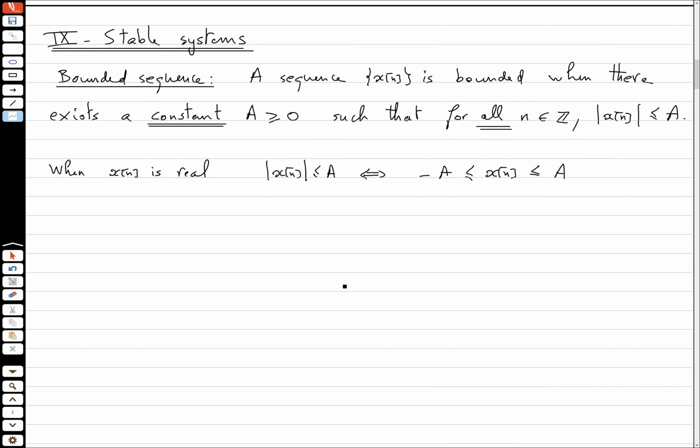So when you plot your sequence, x of n is less than A for all n if and only if you get this picture. So you plot the sequence.